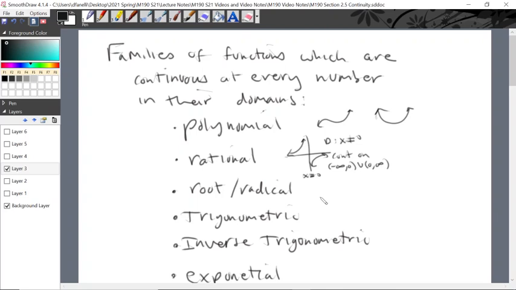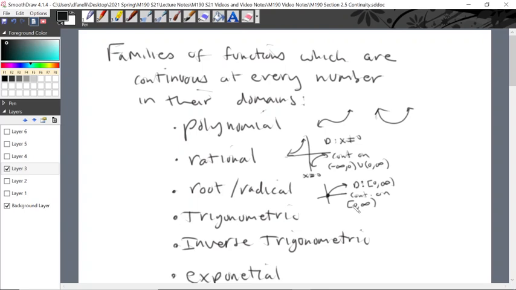Now, if you have a square root function, it looks something like this. It has an endpoint. The domain of the square root function would be the closed interval from 0 to infinity, and then we can say that the square root function is continuous on that interval from 0 to infinity.